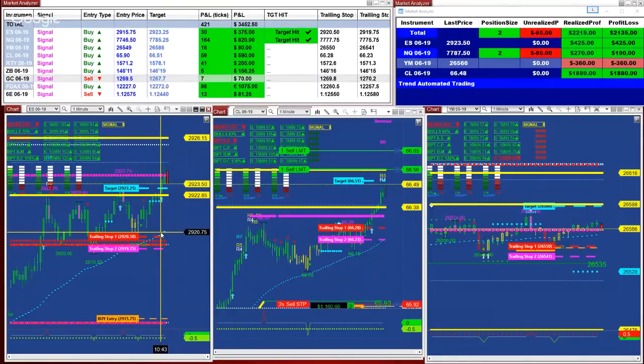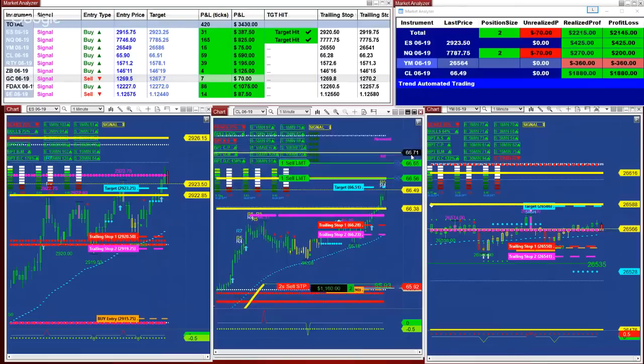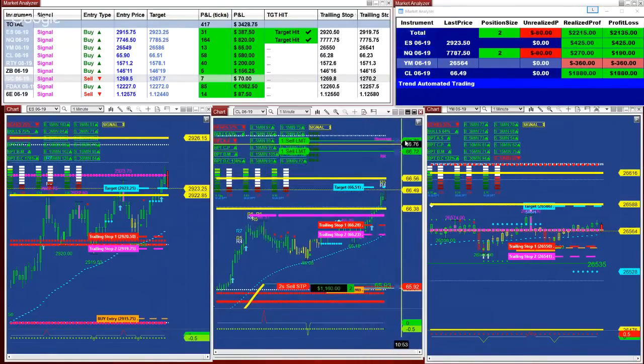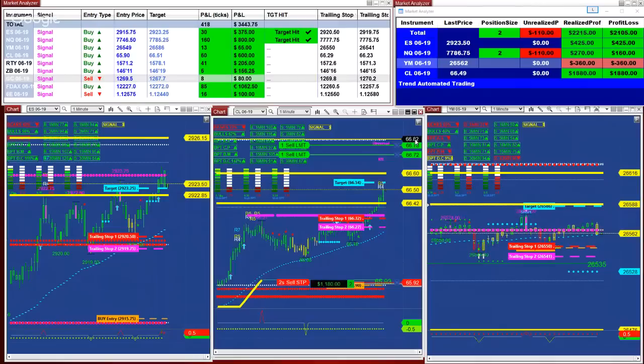On the CL, it is an extremely strong market. I don't know where the CL is going, as we have already hit the target twice today, and there is not much going on.